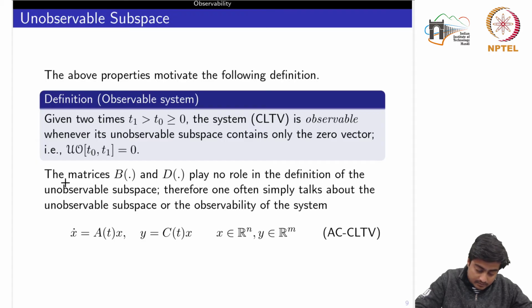The matrices B and D, we had seen, do not play any role in the definition of the unobservable subspace. So we will generally talk about the unobservability, the unobservable subspace, or observability of this system, or let's say the pair A comma C, which we define as the pair AC of CLTV.